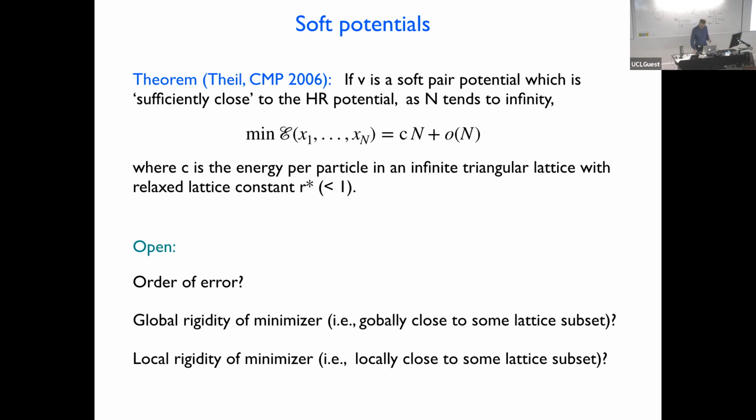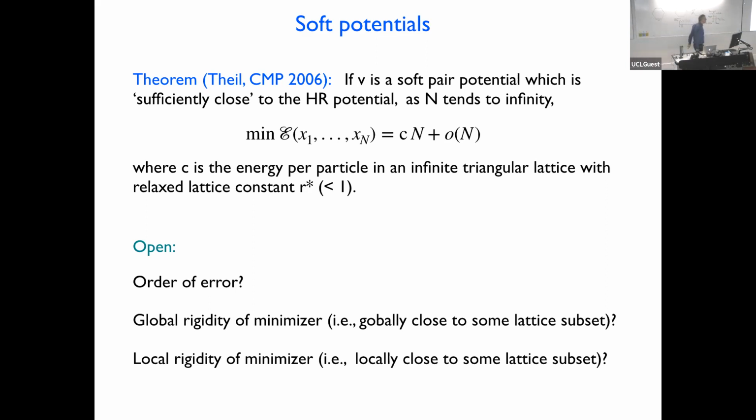Then the second thing that's open, I think that's what I said in my announcement. So we're interested in the global rigidity of the minimizer. So in the Heitman-Radin, we had that all minimizers are globally close to some fixed lattice subset. So there is a global orientation, and that is not known.